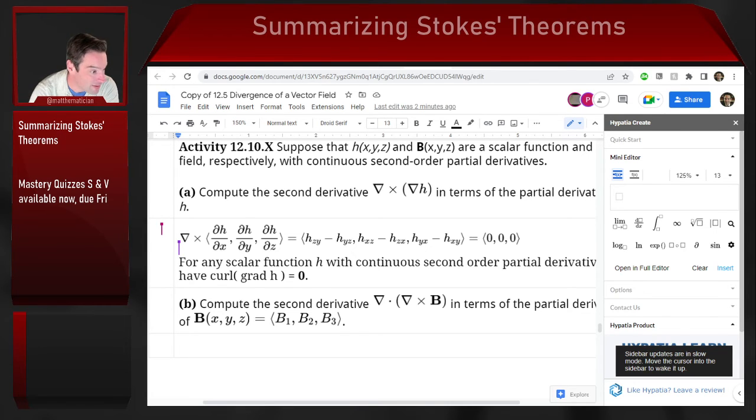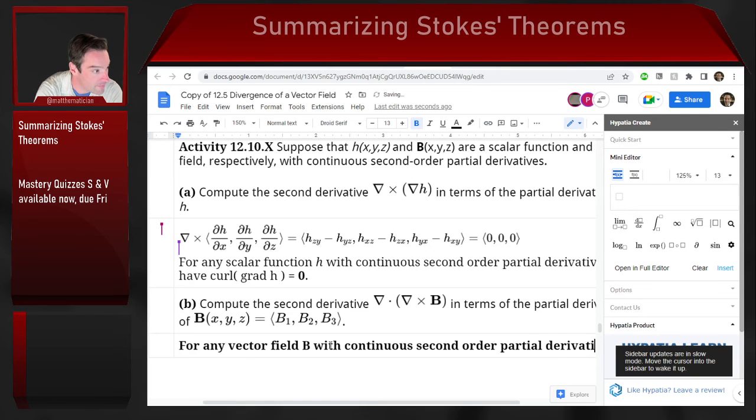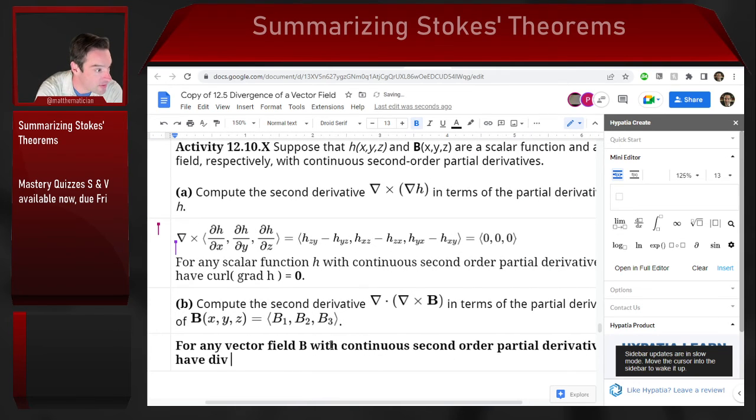We would do a lot more calculation, but the divergence of the curl of b is also equal to the scalar function 0. So for any vector field b with continuous second order partial derivatives, we have that the divergence of the curl of b is equal to scalar function 0.